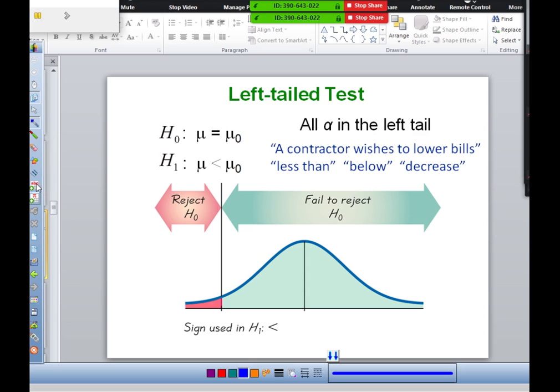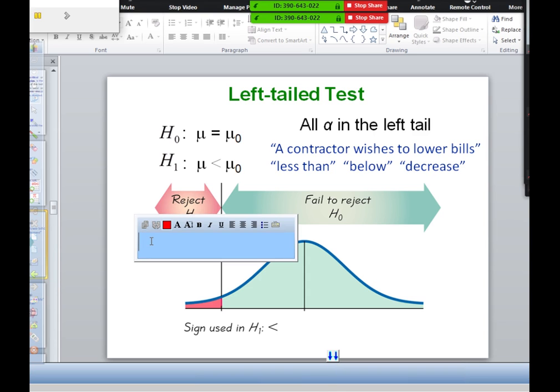H naught is. Then parentheses is like my name is, like Ashley, name colon, and then you write your name, right? Same sort of thing. H naught is, what's H naught? H naught is mu is equal to mu naught.